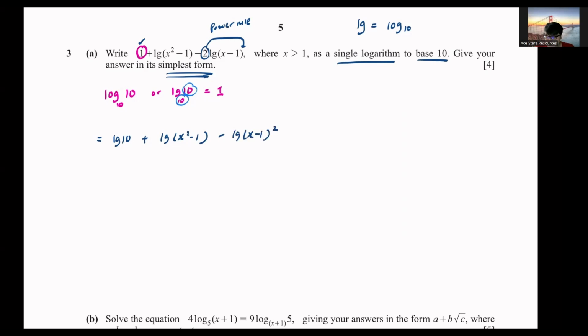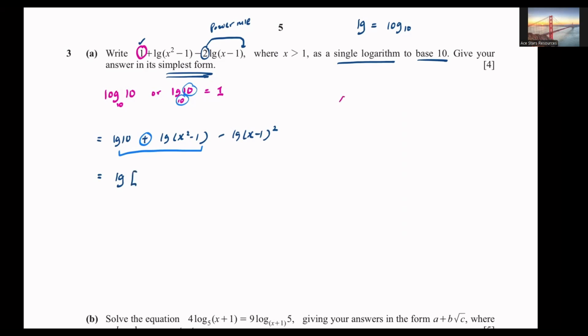And then step by step, focus, you can do it in order. You don't have to combine it all at once, you know that's going to be tough, right? So do the first 2 terms: lg 10 plus lg(x squared minus 1), it's a multiplication.